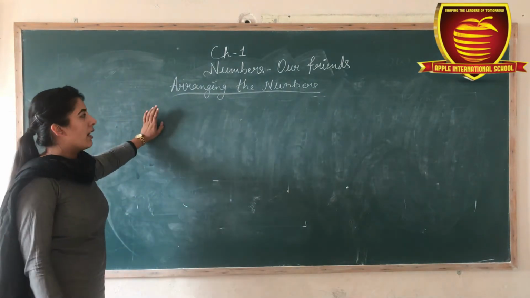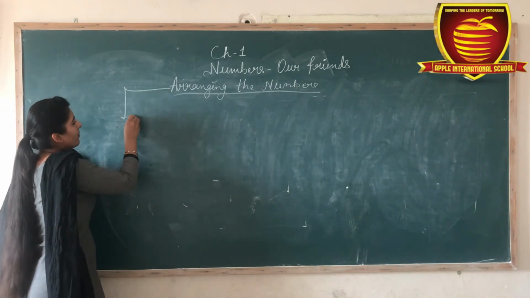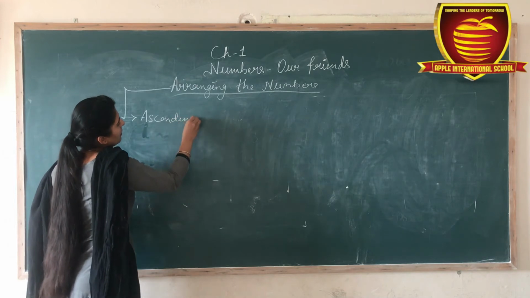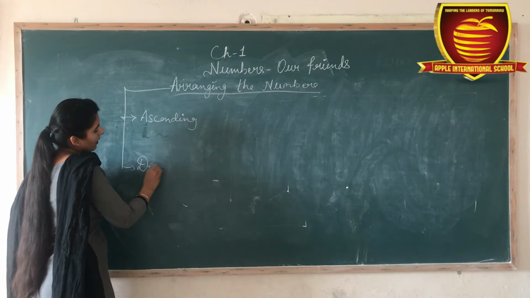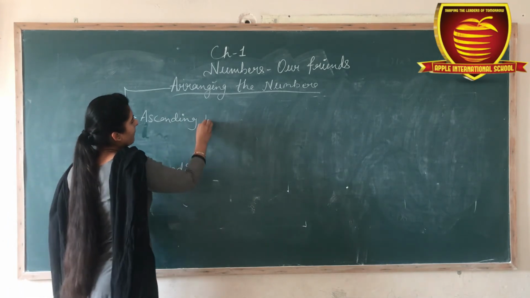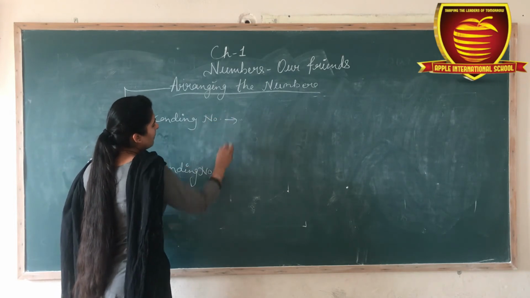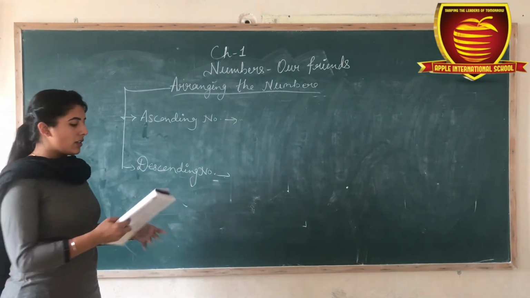We can arrange the numbers in two ways. First one is ascending, second is descending numbers. Here I also take a question from the book.